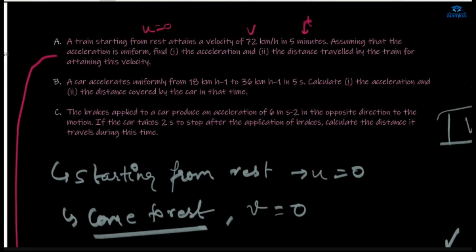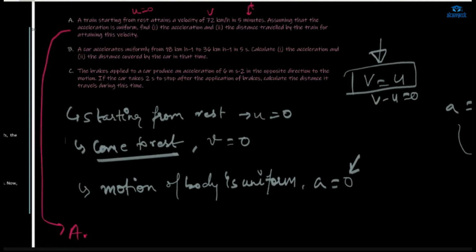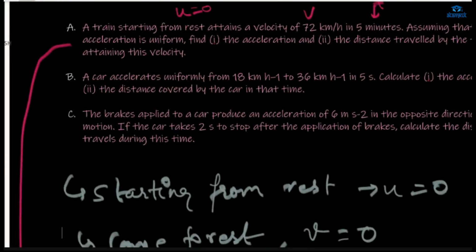You shouldn't get confused between uniform motion and uniform acceleration. If the motion is uniform, then acceleration is 0. And if acceleration has come into play, then the uniformity of the motion is lost. If acceleration is there in the motion, there is no uniform motion, and if uniform motion is there, there is no acceleration.